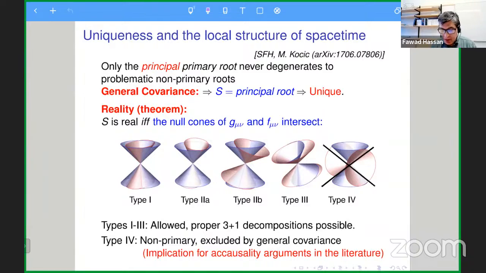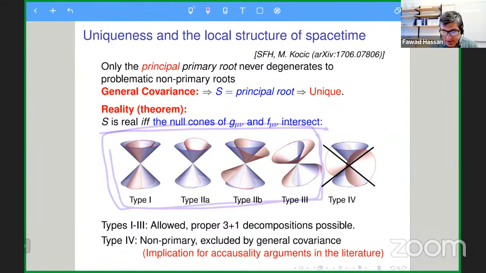You look at the possibilities and find that if you demand the square root to be real, then you only have to restrict yourself to situations where your null cones always intersect in this way.